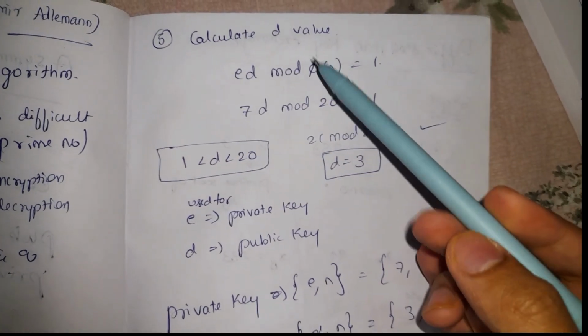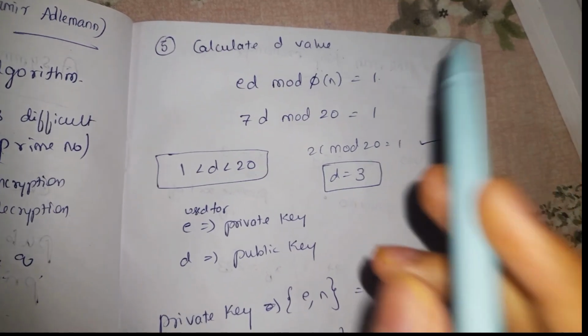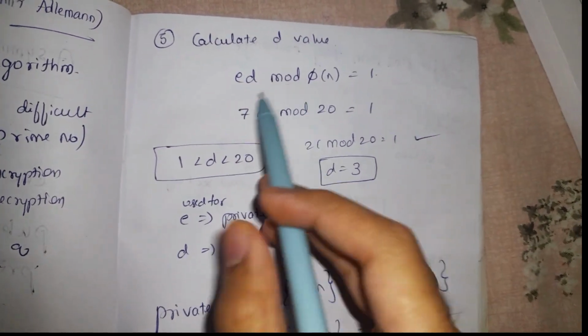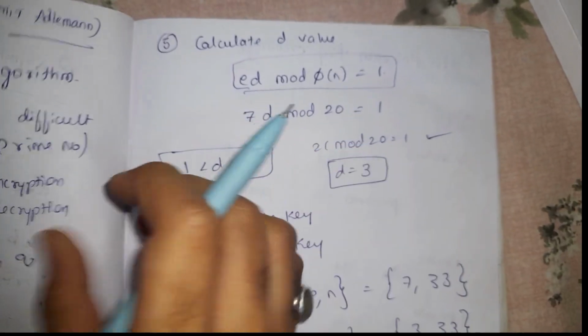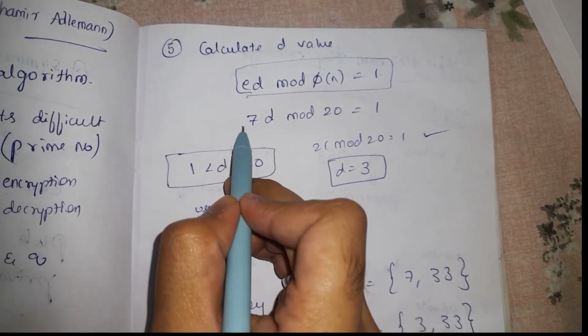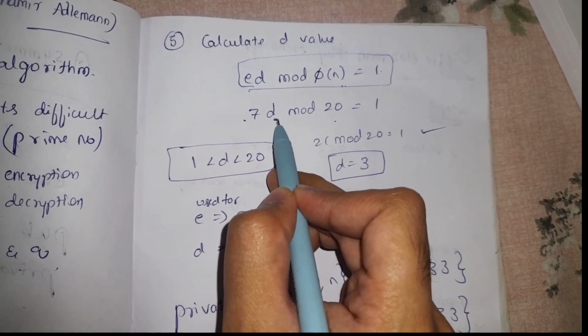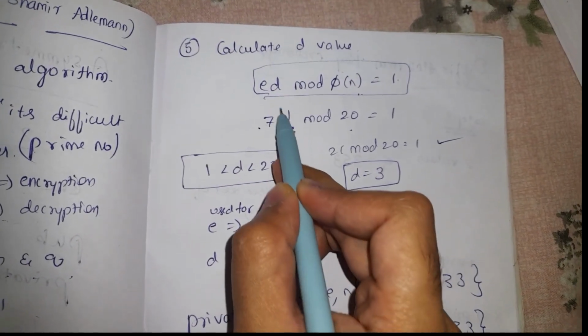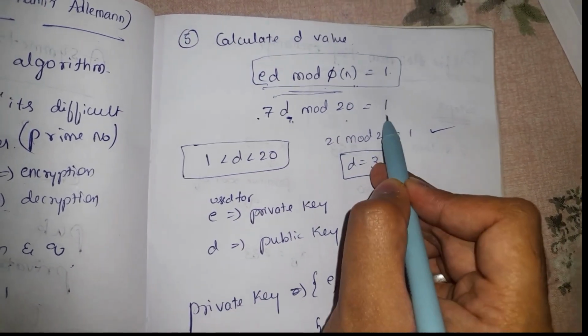Now in the next step we need to calculate the value of d. Here we have a condition for calculating the value of d. We have the value of e as 7 and phi n as 20. All we need is d, such that the net result of this entire operation, d times e mod phi n, is equal to 1.